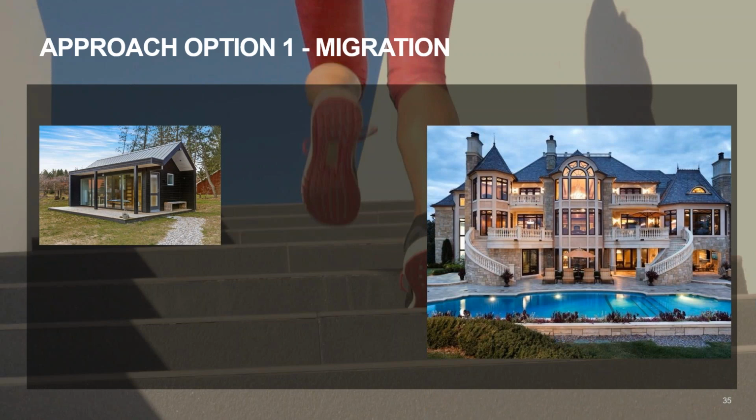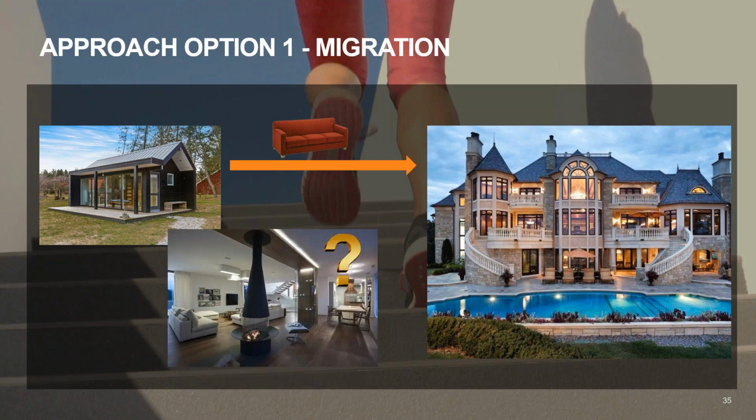The first approach is migration. In migration, a fresh new house is built in a separate place, and then the content, for example your furniture, is migrated into this newly built bigger house. The biggest issue in this kind of Sitecore upgrade approach is that customizations and integrations that we had built in the previous house, or version, have to be rebuilt for the new instance.